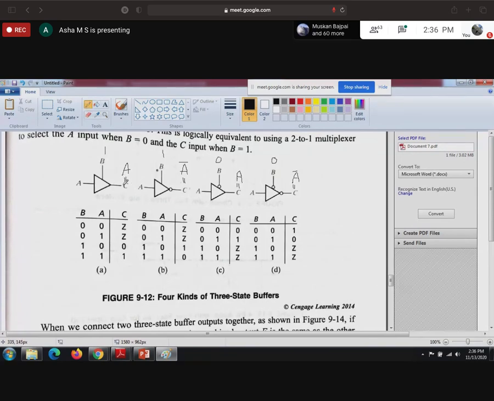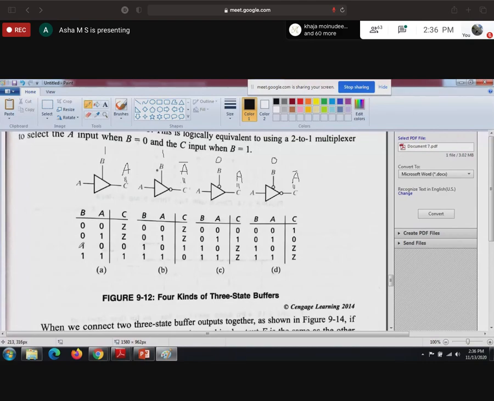The output is in the high impedance state, because there is no current, so we don't know what exactly it is. The Z indicates the high impedance state. Next combination: b equal to 0, a equal to 1. When b equal to 0, the buffer itself is not enabled, so the output is in the high impedance state.